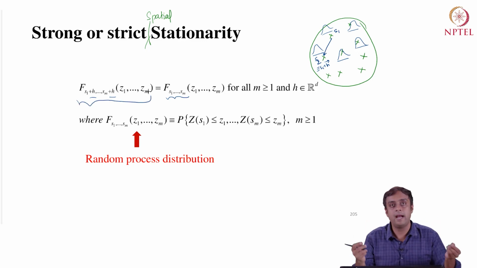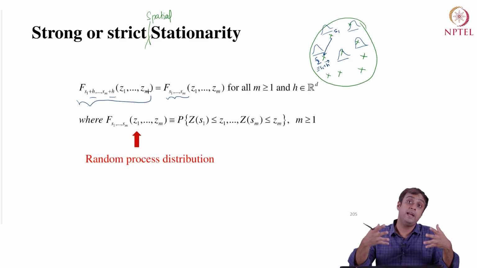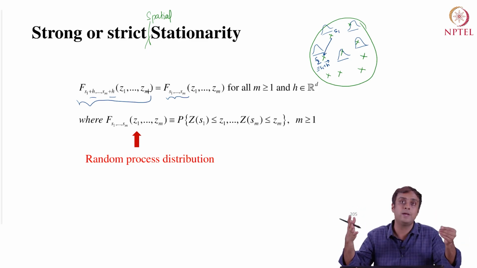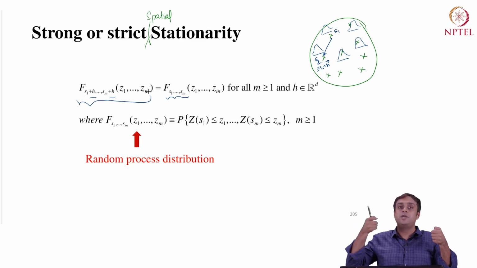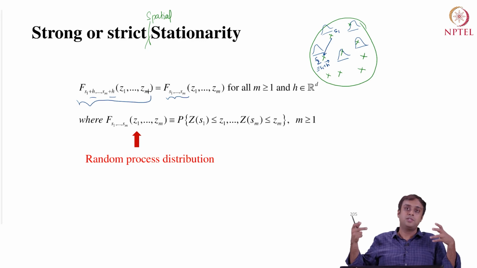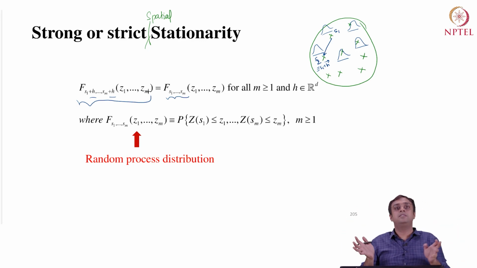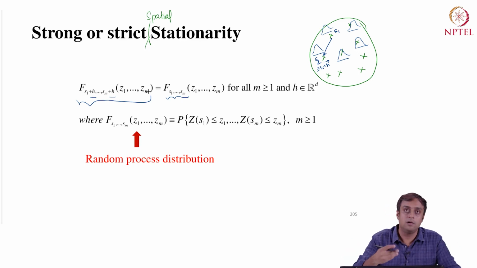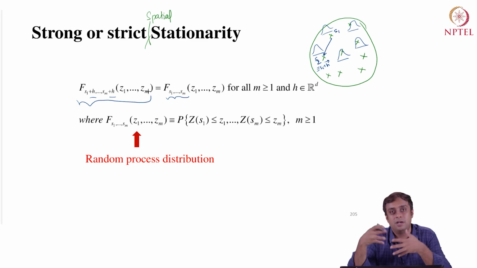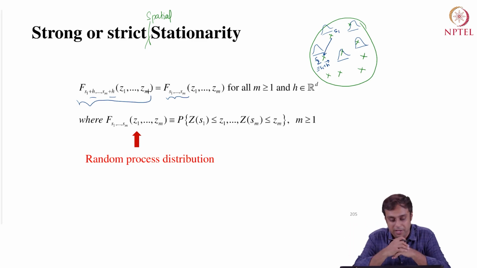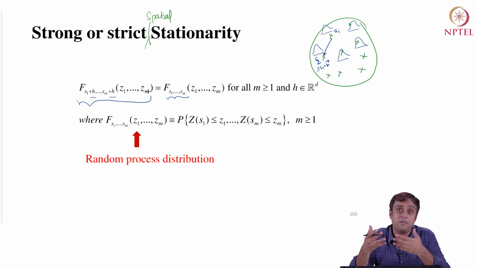If they are exactly the same, we say the data, that is S1 to SM and S1 plus H to SM plus H, which is 2m values, define a strict or strong stationary domain. Now, we seldom use such a strict stationarity property. Usually we are working with intrinsic stationarity.